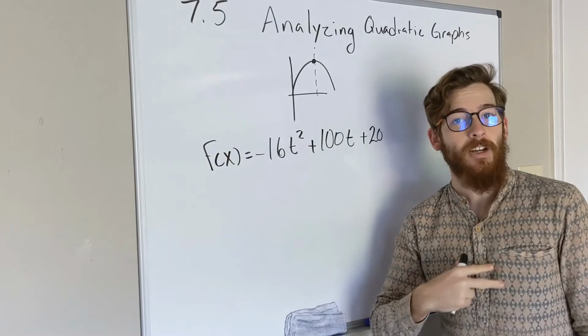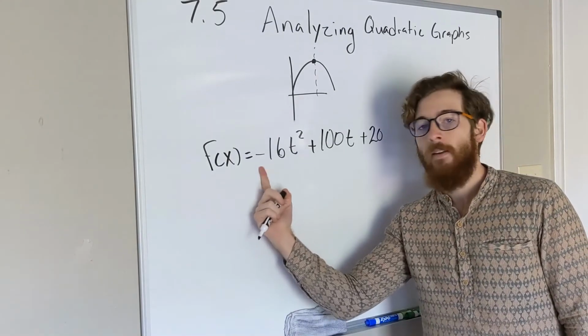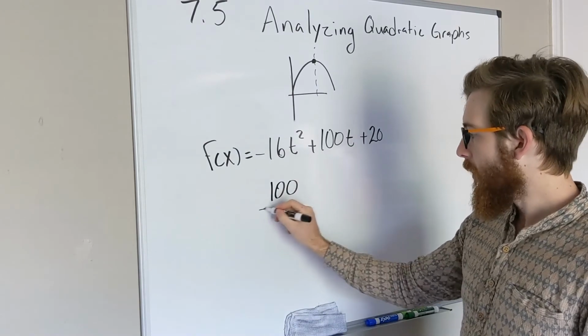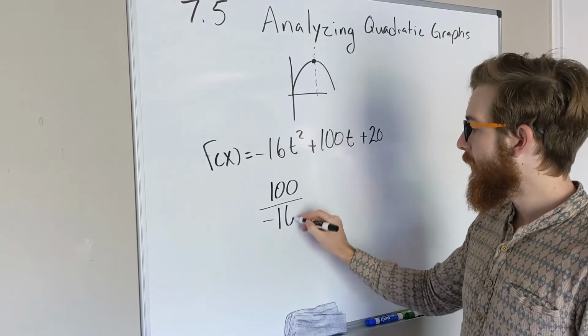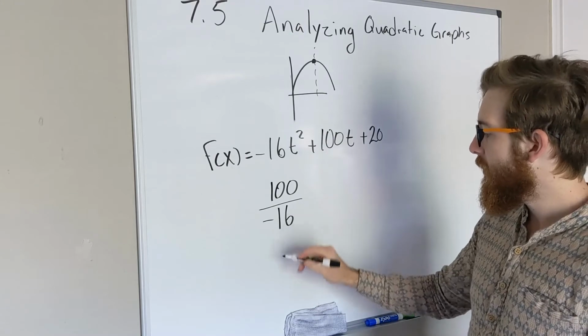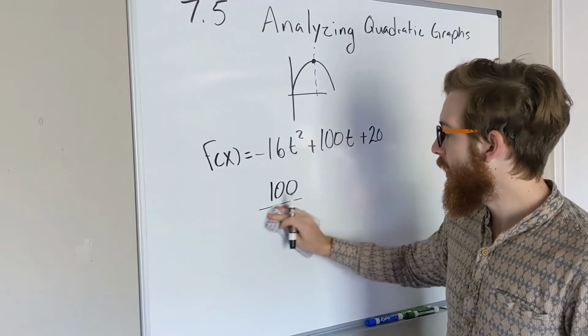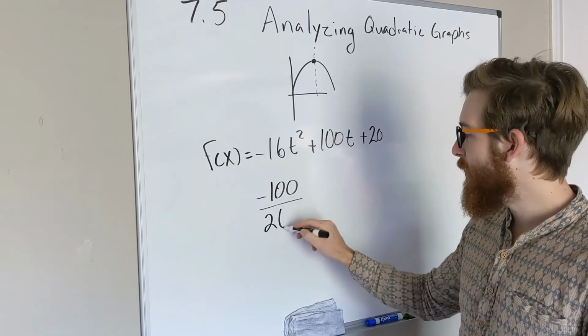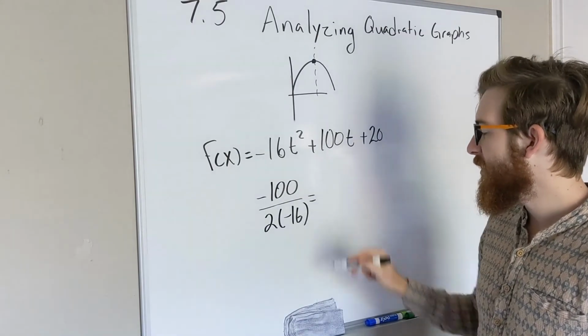Once again, how did I know it was a maximum? Negative a. So I have 100 over negative 16. Sorry, I forgot the 2. So 100 over negative 32, negative b over 2 times a. I should just say it every time.